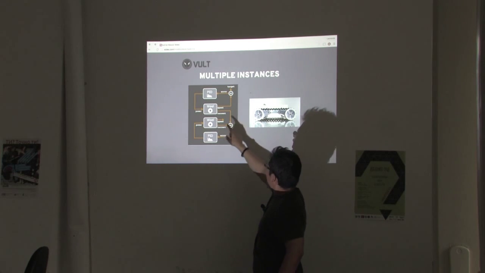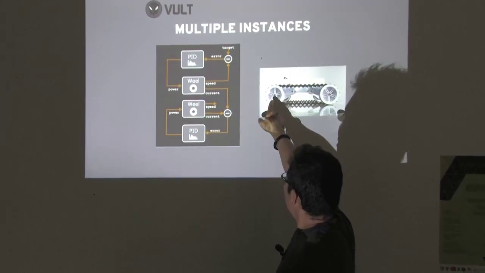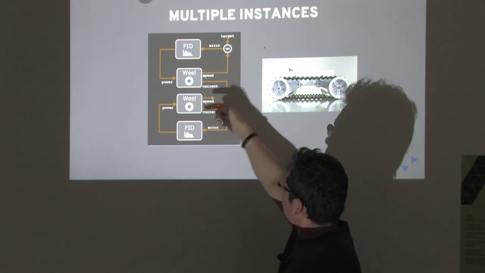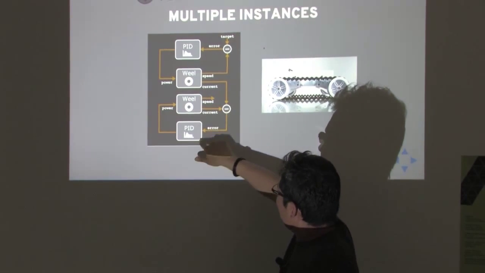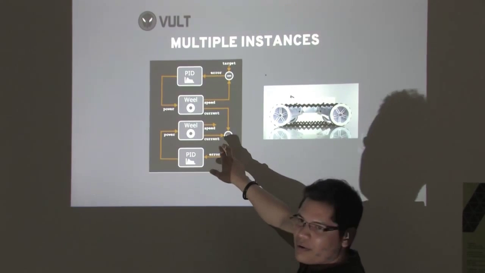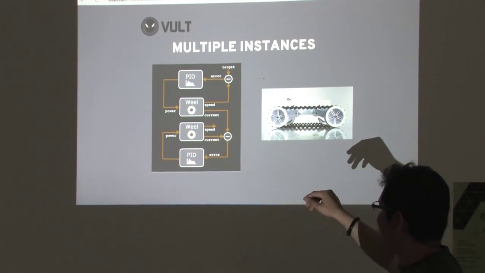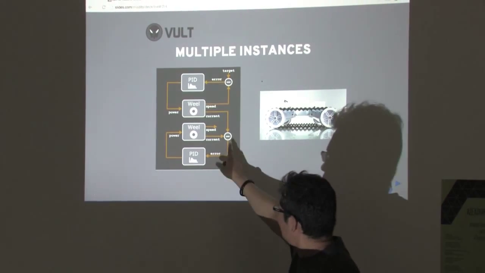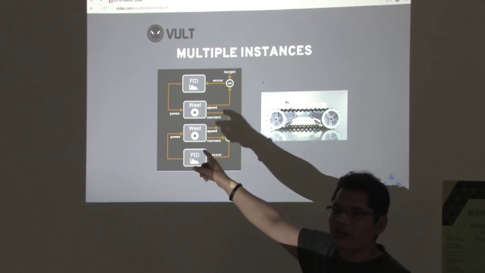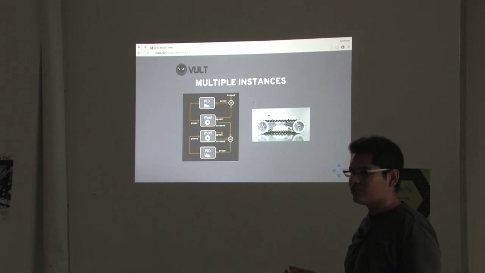You have the previous one, which is going to control the speed of one of the wheels. And from here, there is a second controller which is going to measure the energy that the motors are consuming. And based on that, you just put another controller that's going to control the power for the second wheel.